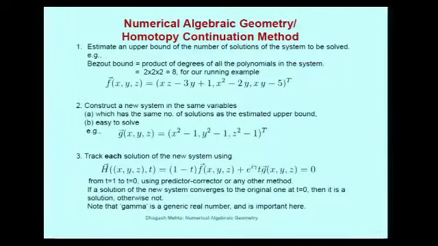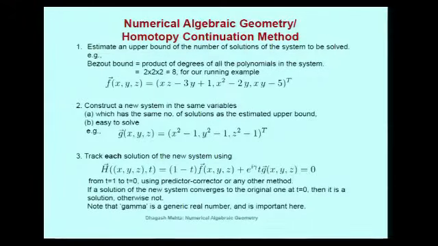If you have a system of polynomial equations, the maximum number of solutions it can have is the product of degree of each polynomial of the equation of the system. Okay, so in our case they all were quadratic equations. So 2 to the power 3, 8. 8 is the maximum number of solutions it can have. Okay, not necessarily it will have 8 solutions, but maximum.